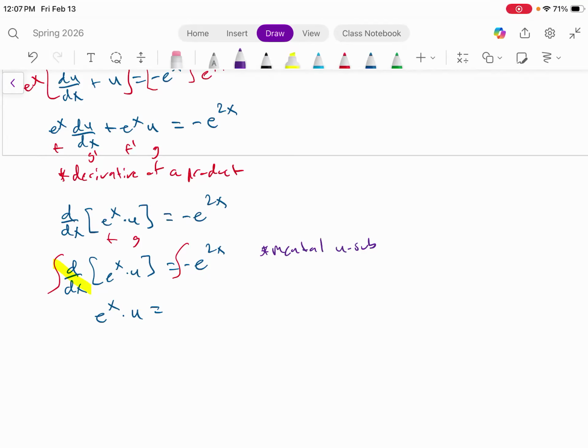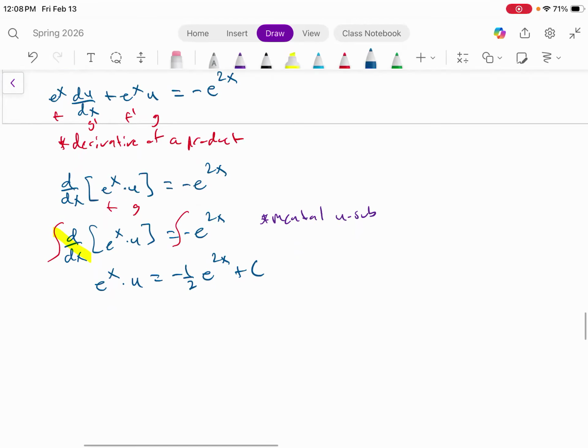And you could check me on this, but if you could believe me that it's negative 1/2 e to the 2x plus c. Okay, so just a simple u sub. If you're not convinced, try it off to the side, but just for the sake of the problem, we'll keep it moving. So e to the x times u equals negative 1/2 e to the 2x.